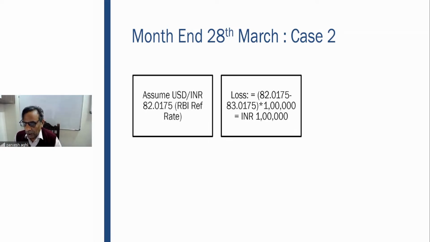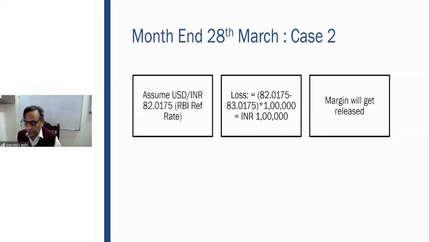So I lose a rupee per dollar. Okay. So I have to pay 1 lakh to the person who has sold me the dollars at 83, because today the dollar price is 82, so I'm suffering a loss of 1 rupee. So I'll give 1 lakh rupees to the seller, so I've suffered a 1 lakh loss.